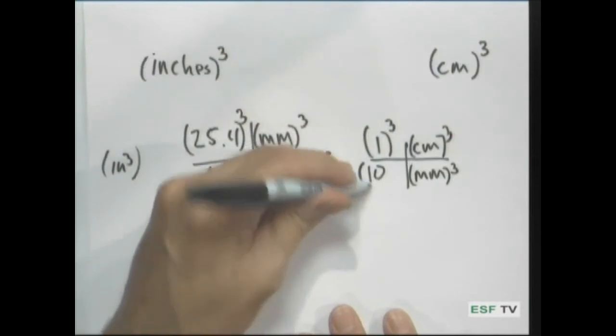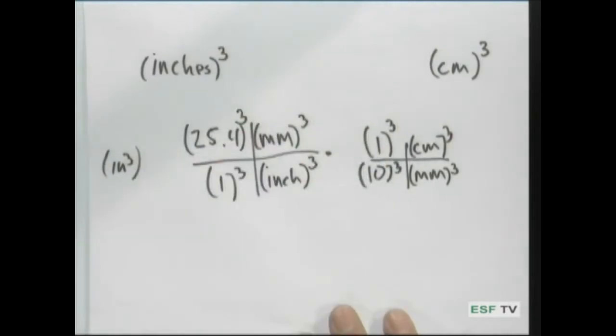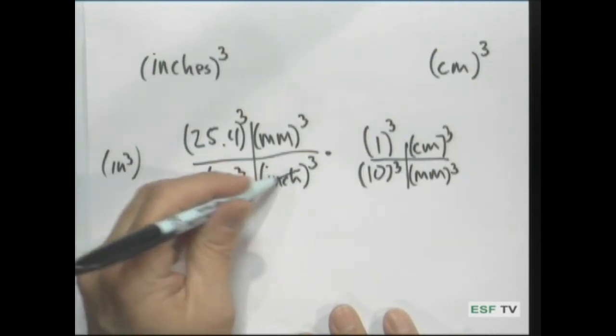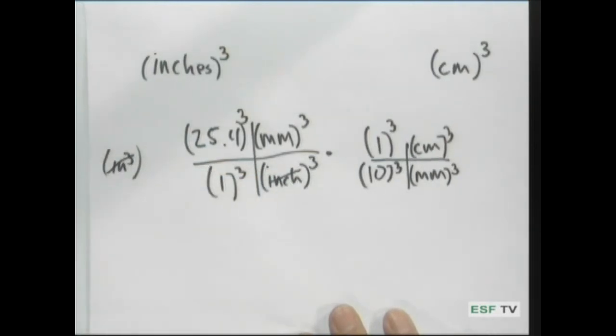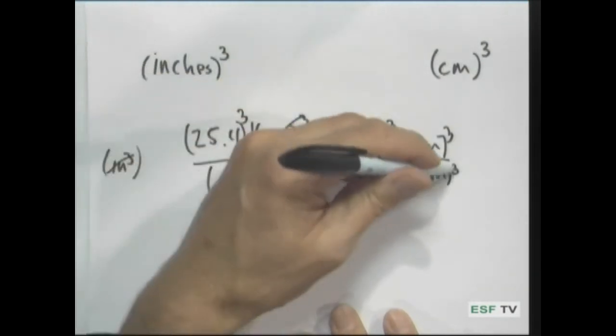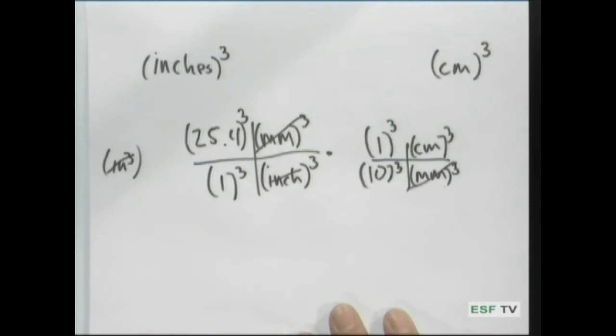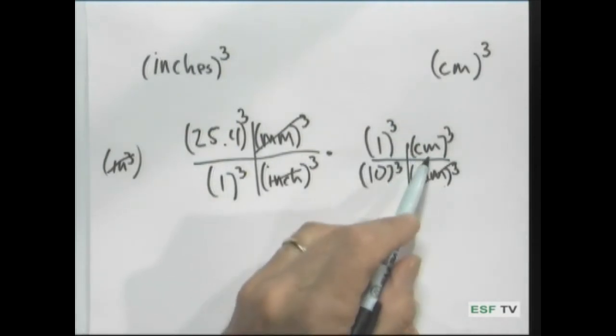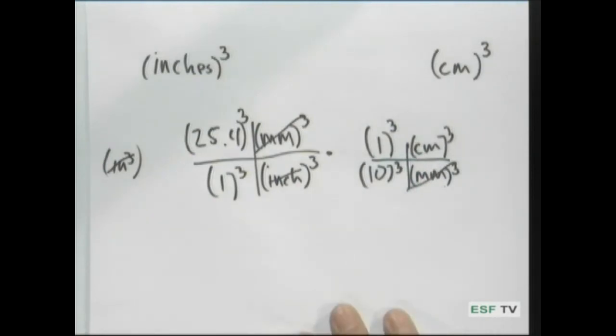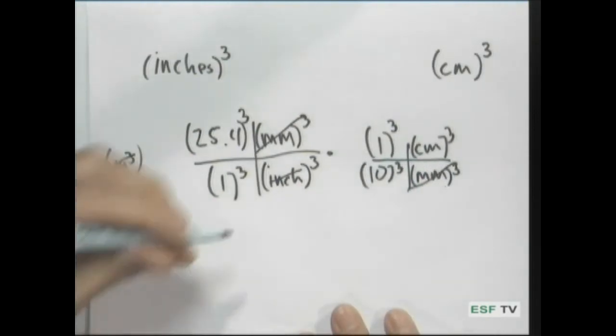We cube both of the numbers too, and therefore we're going to have the quantity 1 cubed over 10 cubed. Now let's look at what happens to the units here. Inches cubed cancels out there. Millimeters cubed can be canceled out, just like a number. And what you end up with is the only unit, which is the one you happen to want, centimeters cubed.